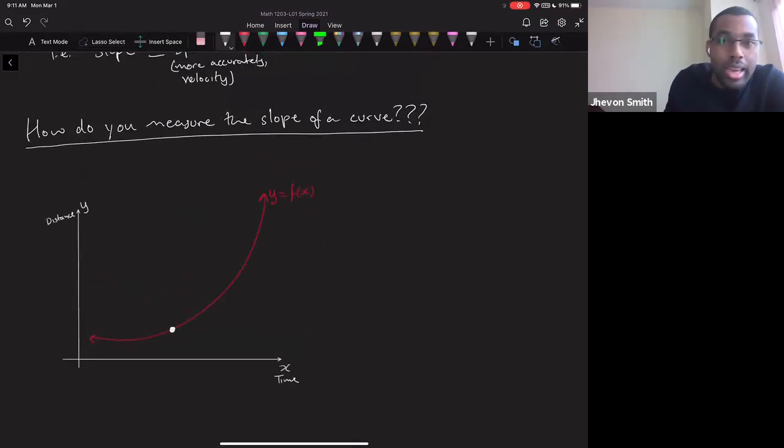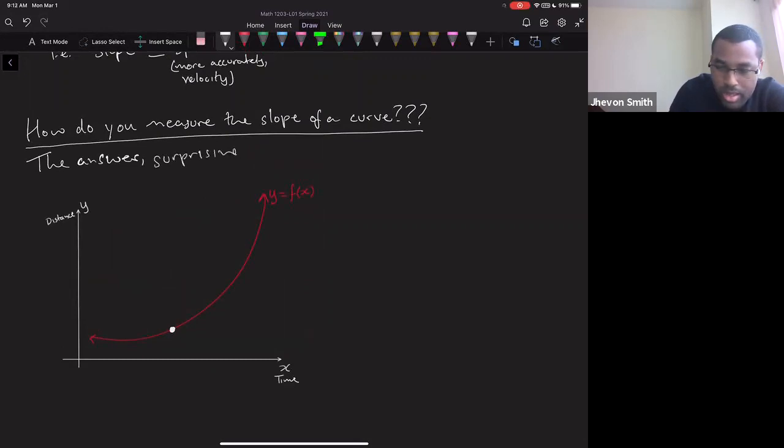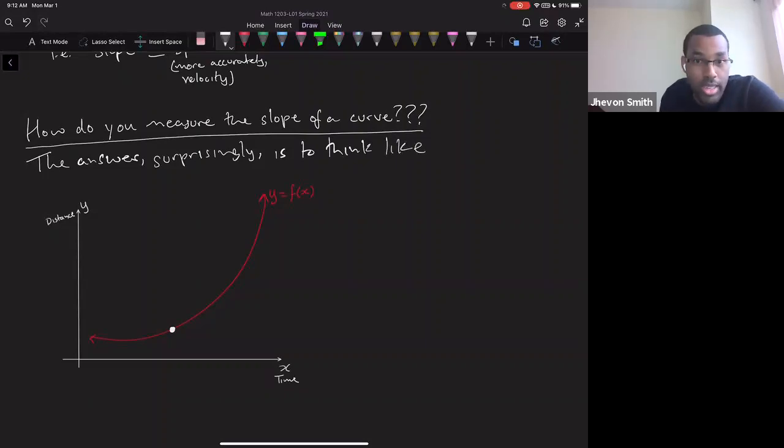Okay, so how do we measure the slope of a curve? The answer, surprisingly, is to think like a flat earther.